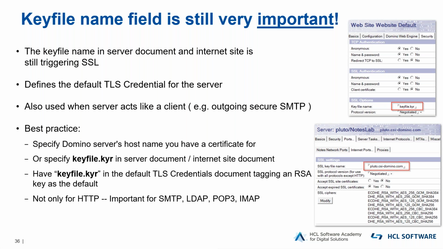I have one last slide, and this is very, very, very important because that's the part where you might run into trouble if you don't understand the concept behind it.